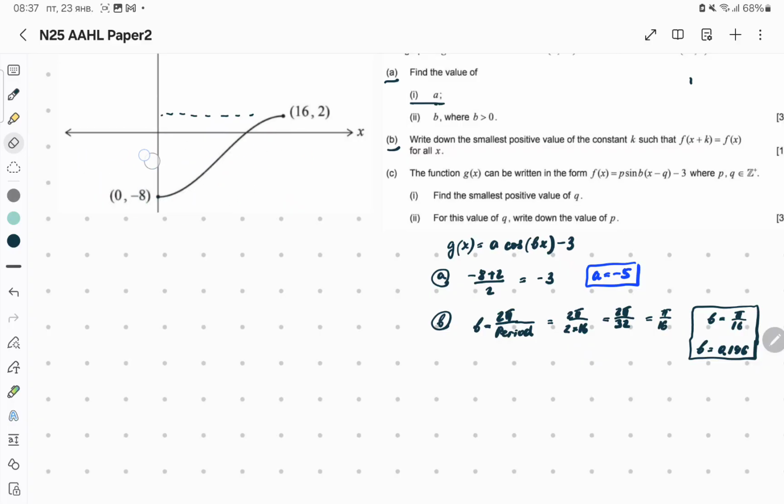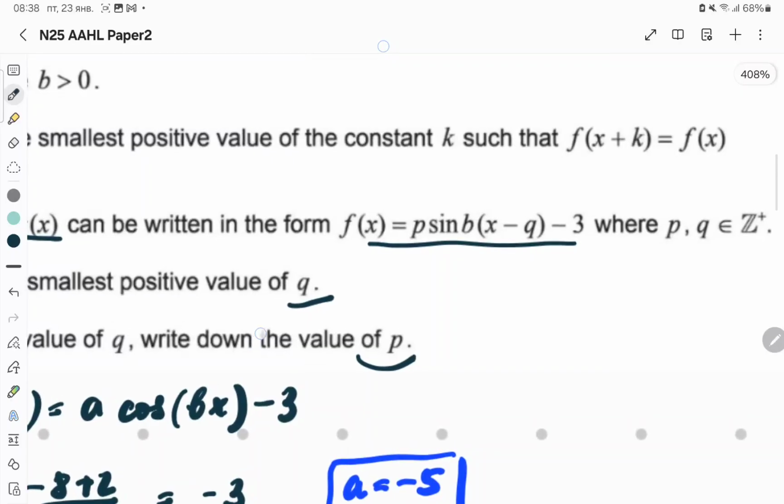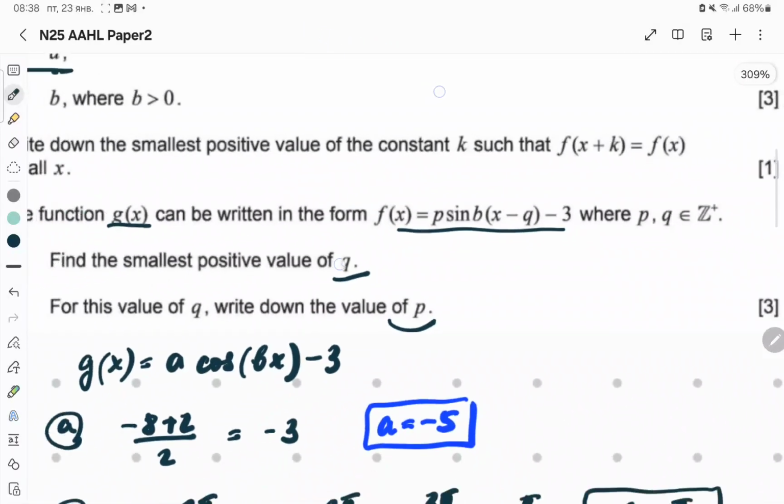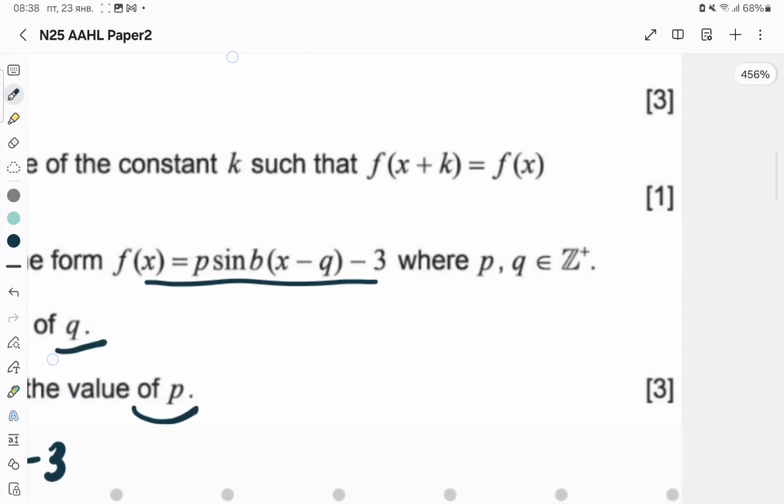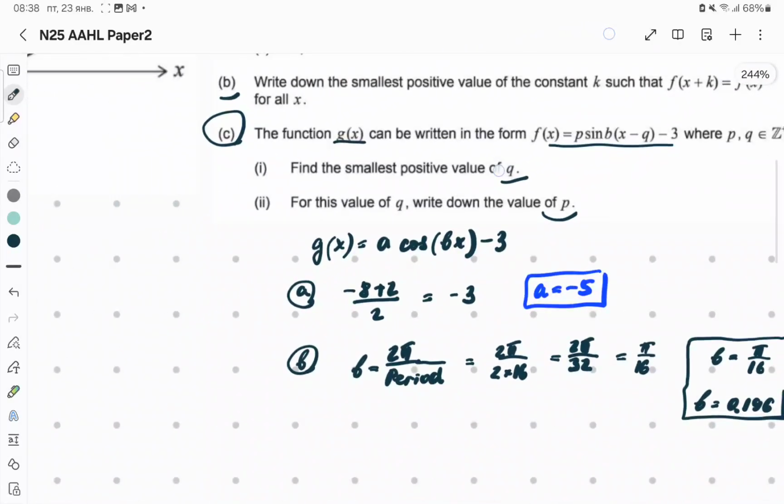In part C, it says that the function g of x can be written in the form of sine. So this graph is a sine graph, and we should find the values of Q and P, and P and Q are positive integers.